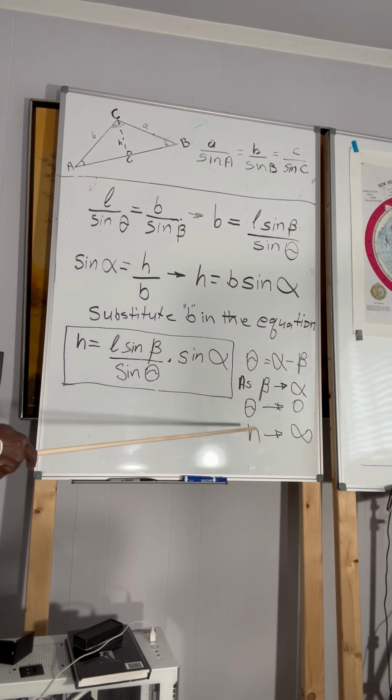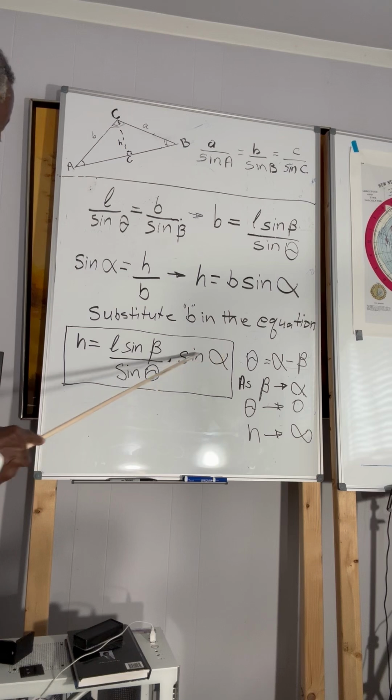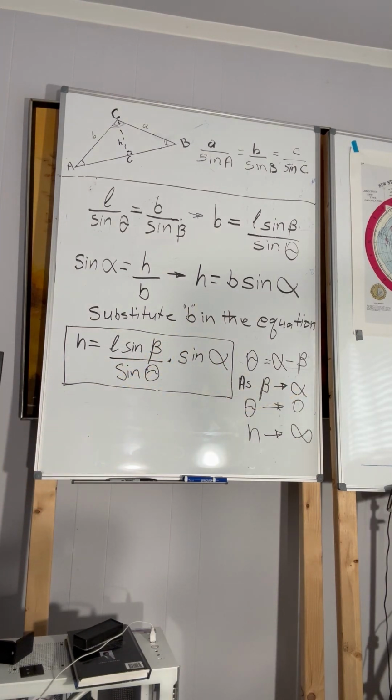For them to have 93 million miles, sextant 1 and sextant 2 will almost have to be parallel. That means angle beta is almost equal to angle alpha.